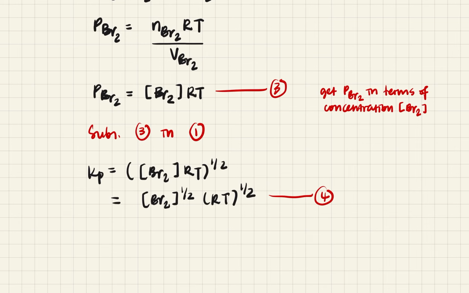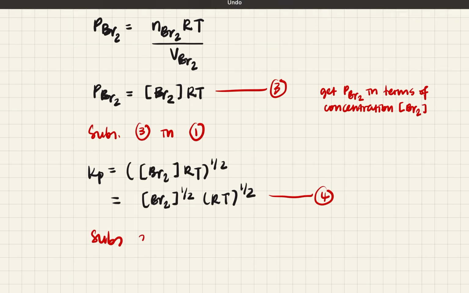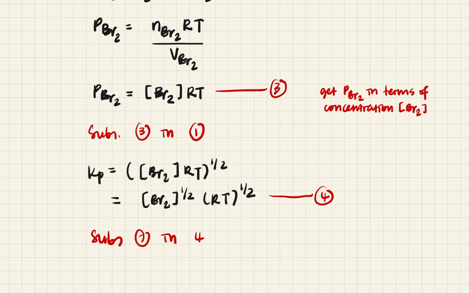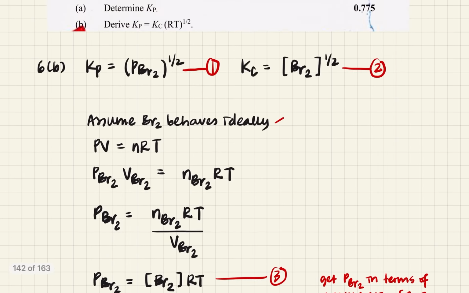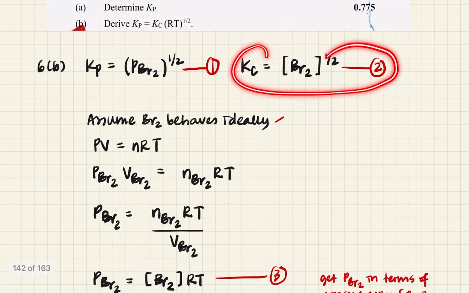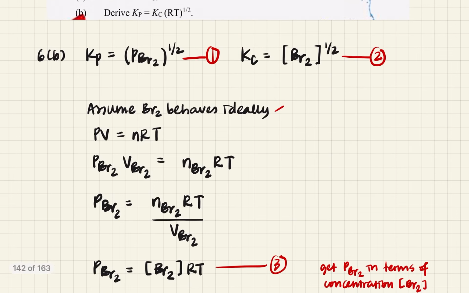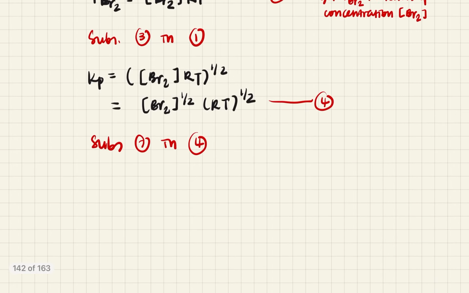Okay, so what you're going to do next is you want to equate Kp with Kc. So this is Kp. So now we will substitute equation 2 in equation 4. Alright. So what is your equation 2 earlier? It is your Kc equals to concentration of Br2 to the power of 1/2.